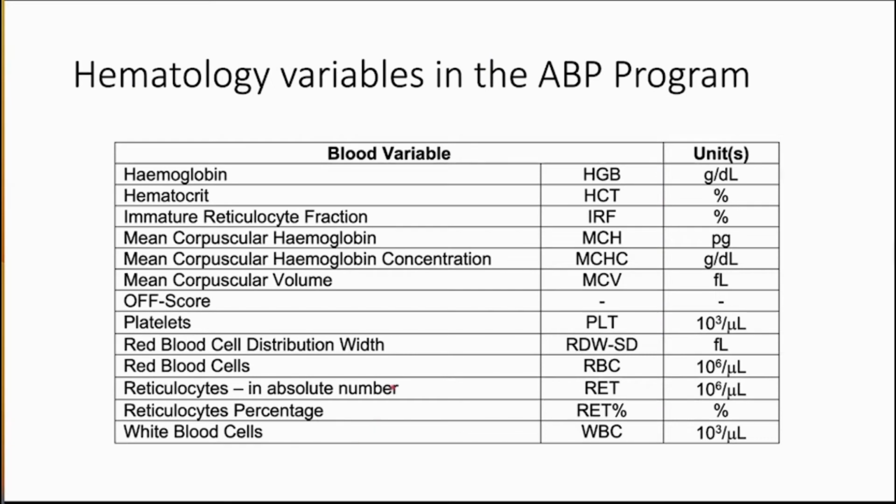So these are the hematology variables that they follow in this athlete biological passport program. Just stuff that we report every day in our lab: hemoglobin, hematocrit, reticulocytes, and so forth. You can read these things here: platelets, white cell count. There's this score they calculate called the OFF score, which is the ratio between the hemoglobin and the reticulocytes.